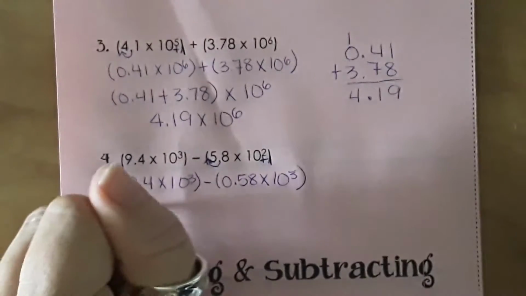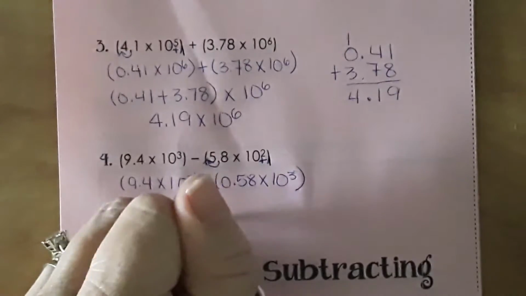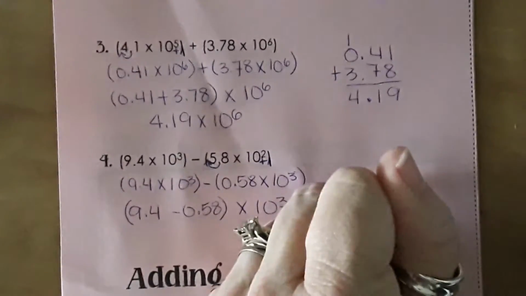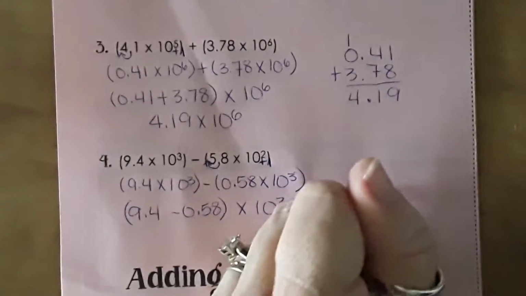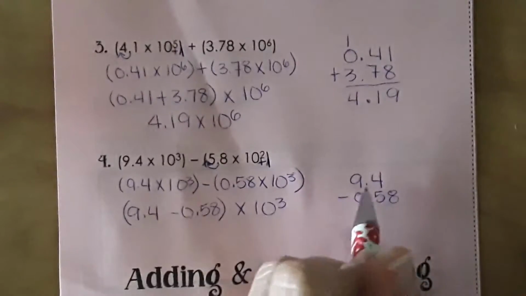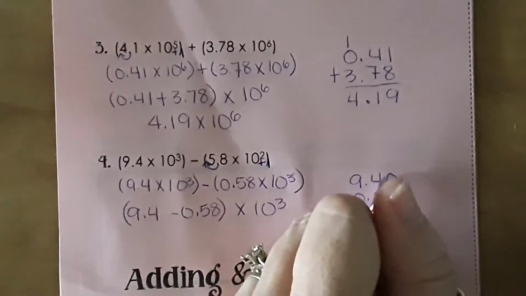We're going to subtract 9.4 minus 0.58 times 10 to the 3rd. 9.4 minus 0.58. Well, I need to match my decimals up, so I'm going to put a 0 next to that 4.